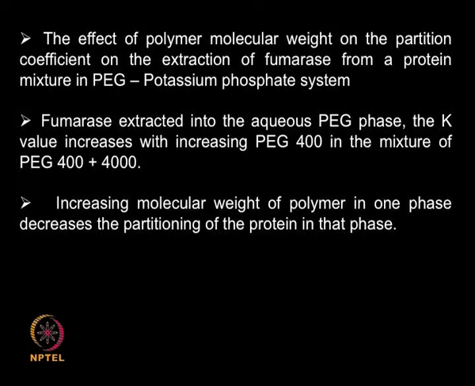The K value, that is the partition coefficient value, increases with increasing molecular weight of PEG as I keep moving from 400 right up to 4000. Increasing the molecular weight of the polymer in one phase decreases the partition of the protein in that phase. So if I move from 400 to 4000 in one phase, the partitioning of the protein in that particular phase decreases.